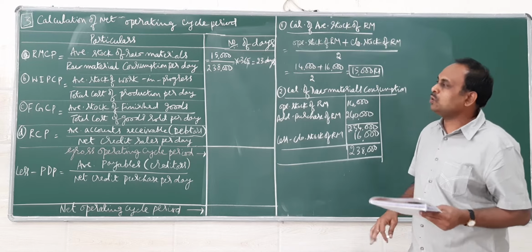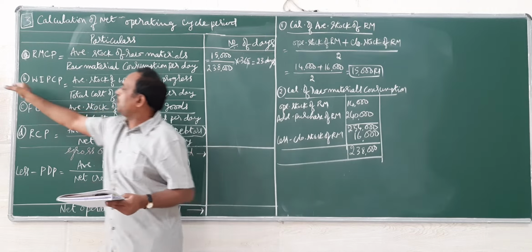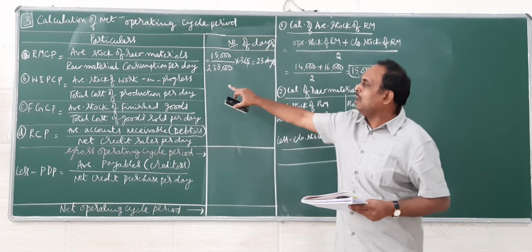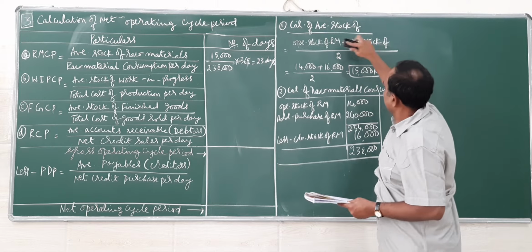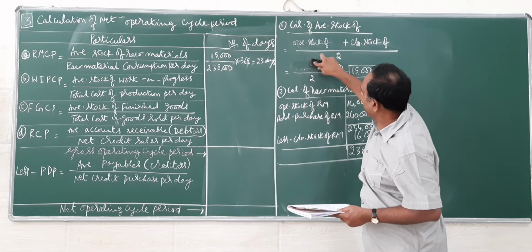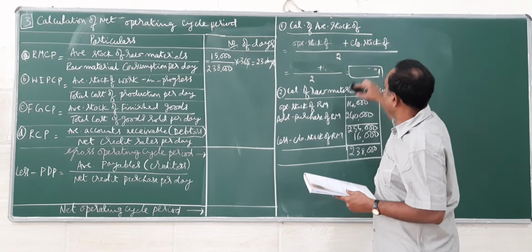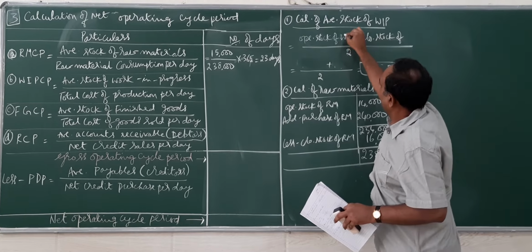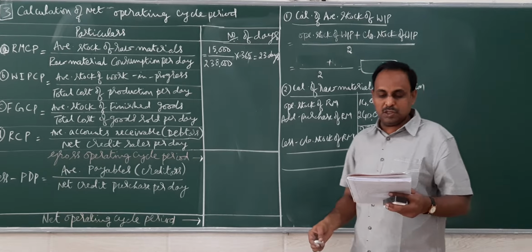Then we will move on to the second one, work in progress conversion period. For that again we have to go for average stock of work in progress. So let us calculate the work in progress average here. It is also given in the problem: work in progress opening stock and work in progress closing stock.